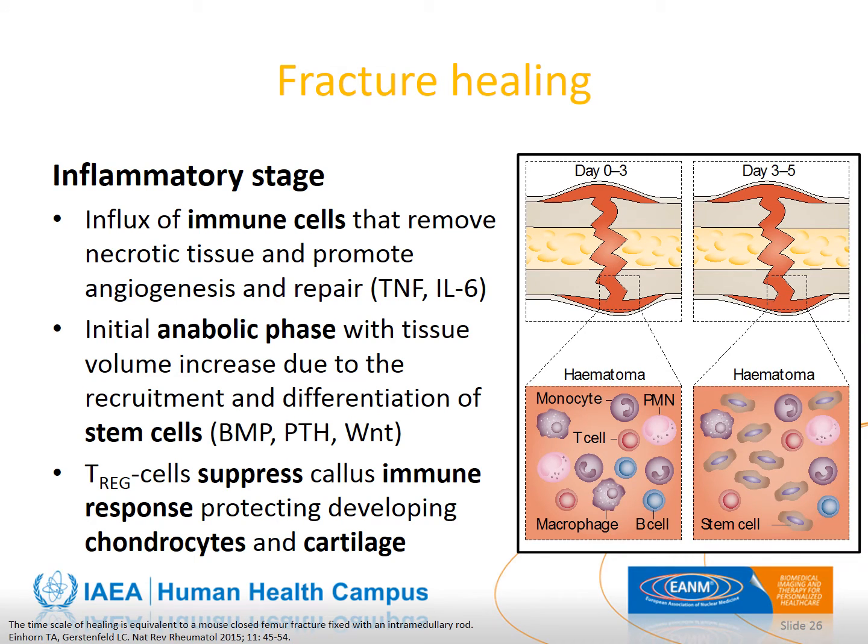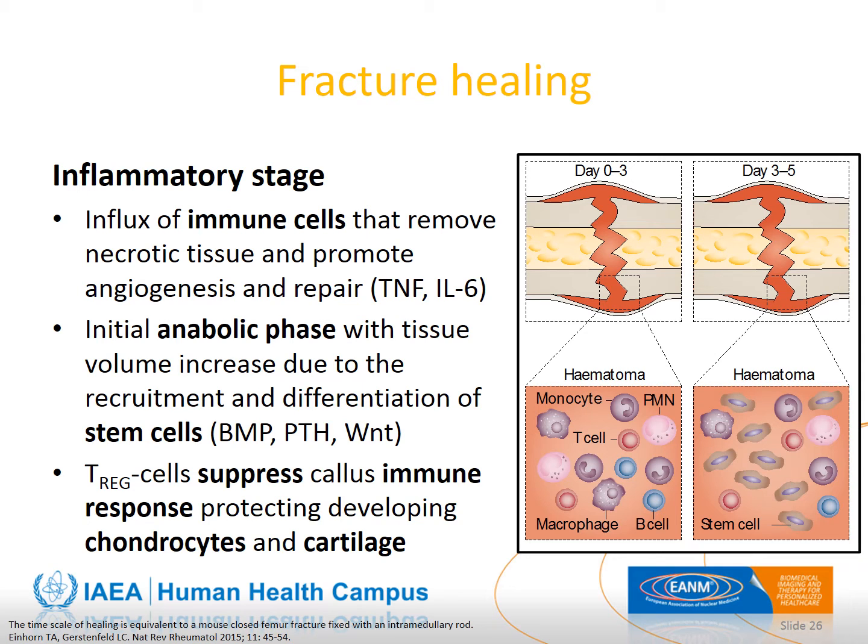After fracture of a long bone, inflammation is the hallmark of initial tissue response. This is dominated by an influx of immune cells that start removing necrotic tissue and start promoting angiogenesis and tissue repair, mainly driven by TNF and interleukin-6.